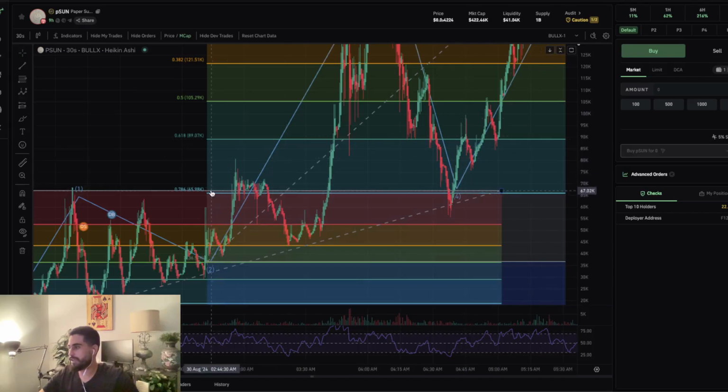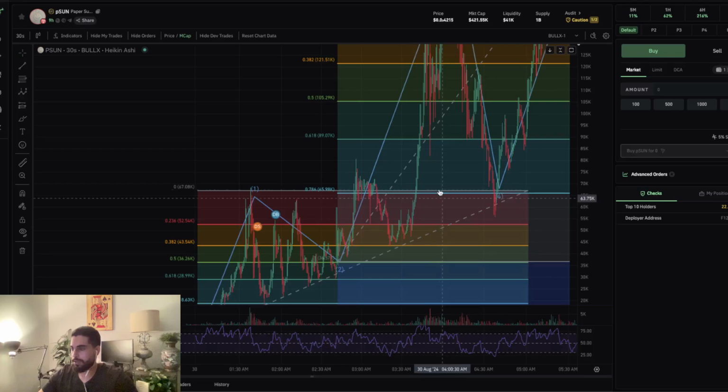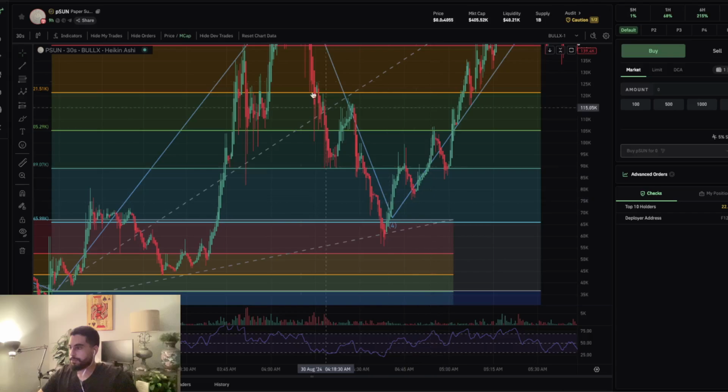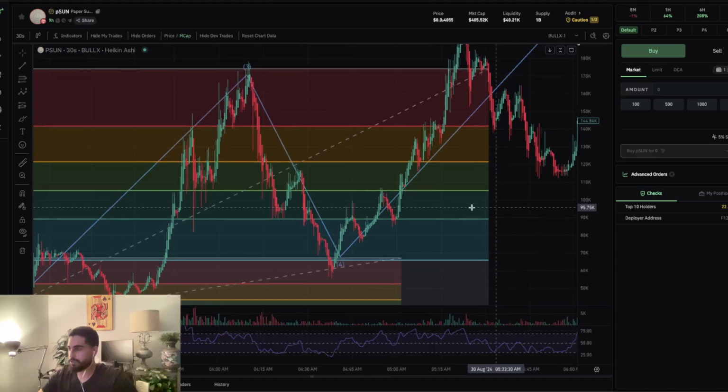It's going to be bouncing at the 0.78. This is an important level, and yes, there will be overextended moves to flush a lot of people out. But once you see it do its thing, this is going to keep repeating itself over and over again.